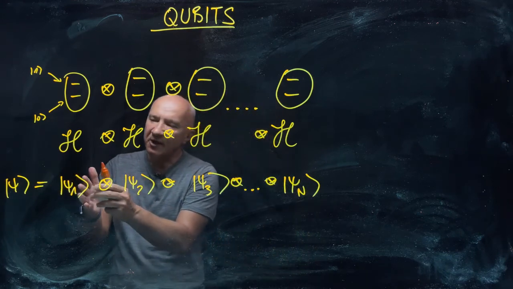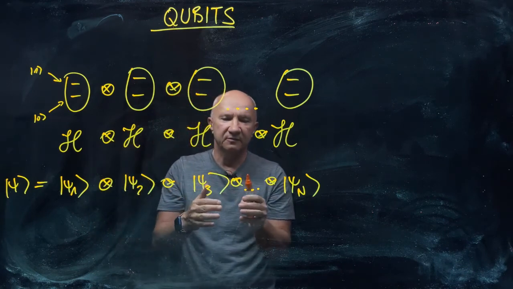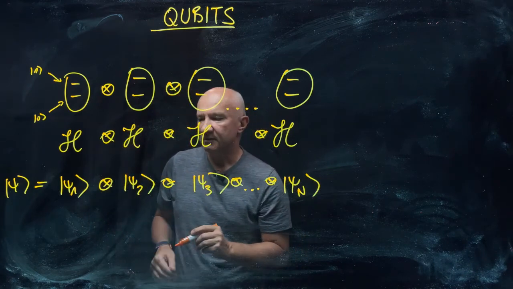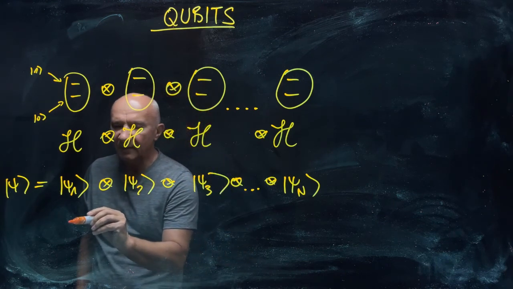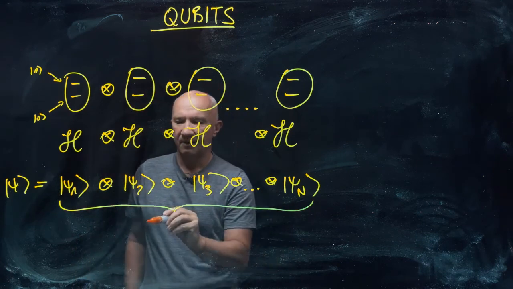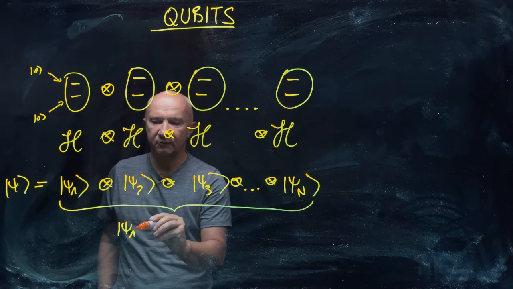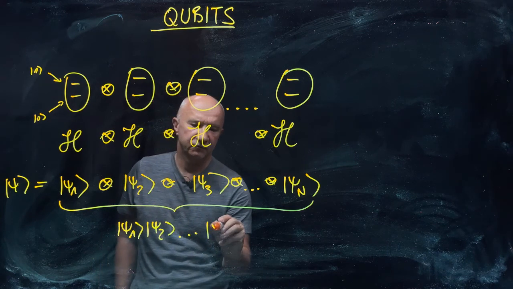Instead of writing psi1 tensor psi2 tensor psi3 tensor whatever, physicists like to drop the tensor product sign. So we'll often be writing this kind of state as psi1 psi2 ... psi n.